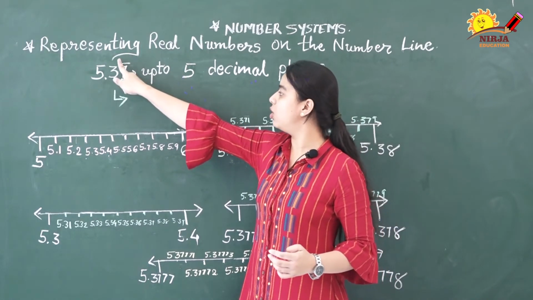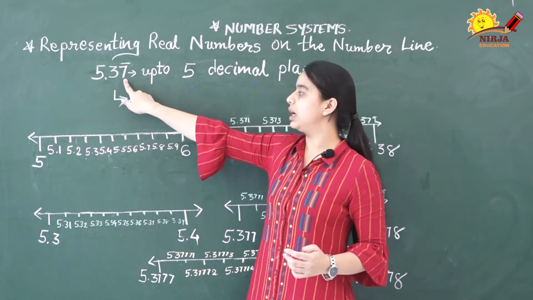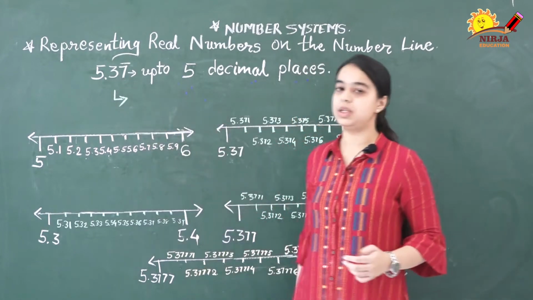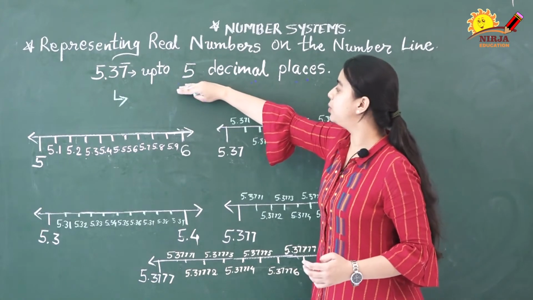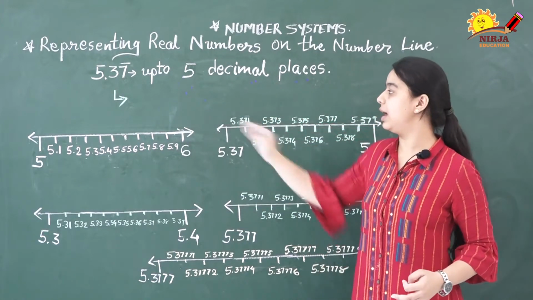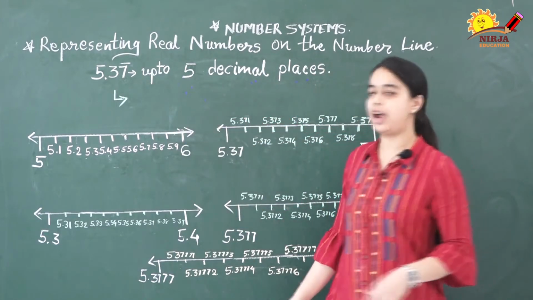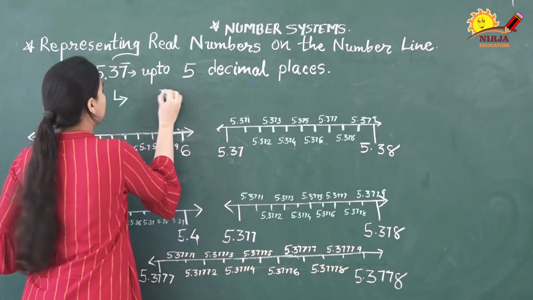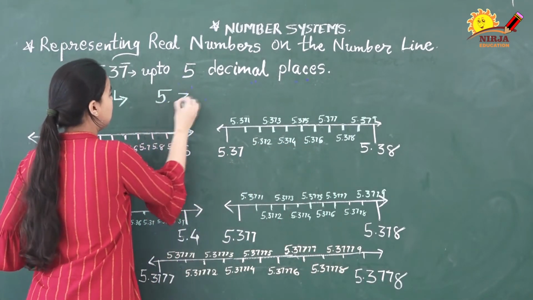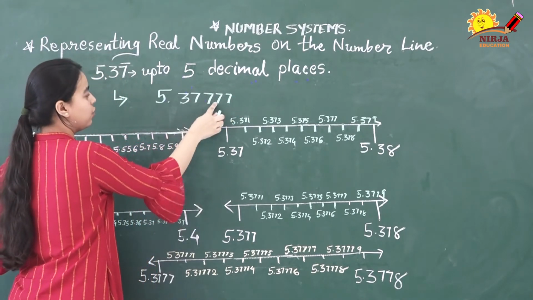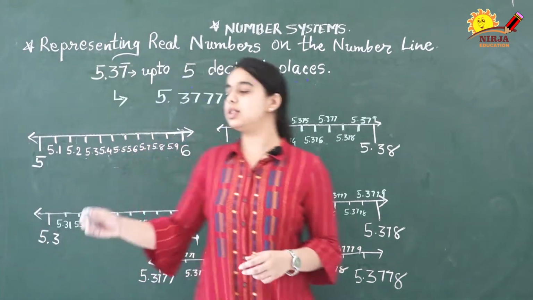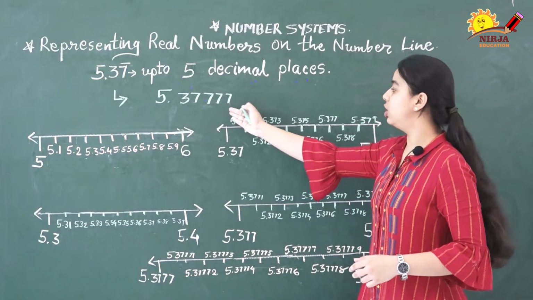This bar is only on 7, so we can conclude that only 7 is repeating. And we have to show this up to 5 decimal places. So let's write this number first up to 5 decimal places, that we can write as 5.37777. 1, 2, 3, 4, 5. Now this number we need to locate on the number line.